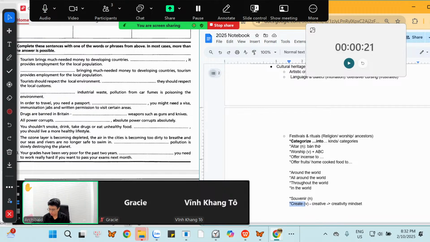Okay. Example: Vietnam Tet Festival. The Lunar New Year celebration draws millions of tourists who want to experience traditional customs. Who wants to experience traditional custom?